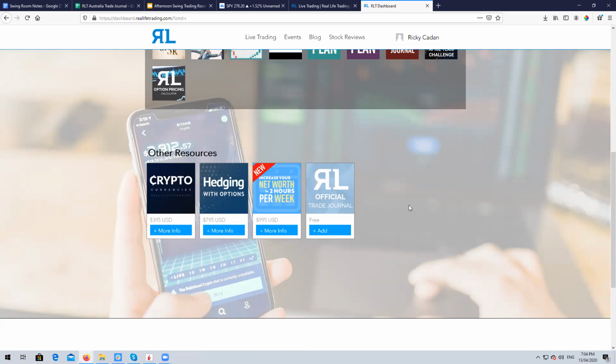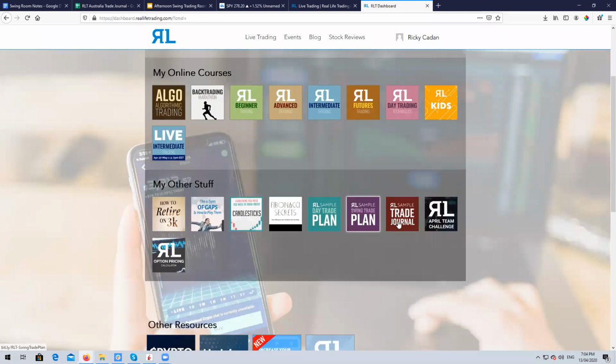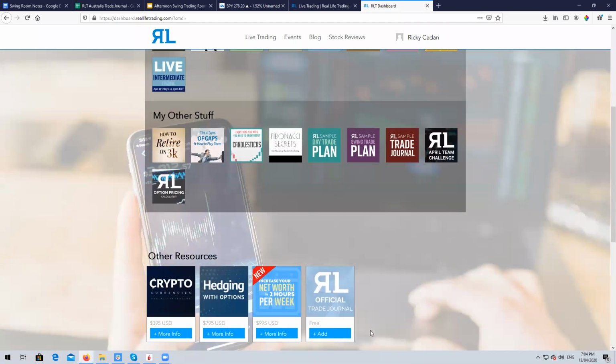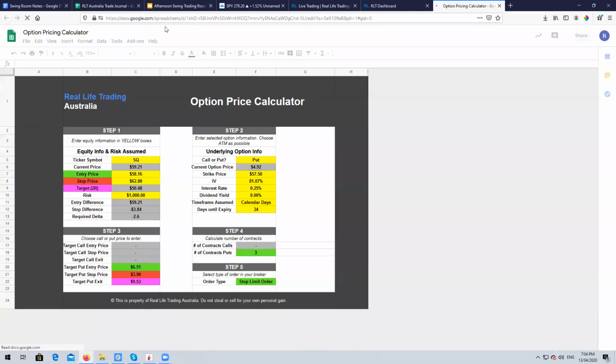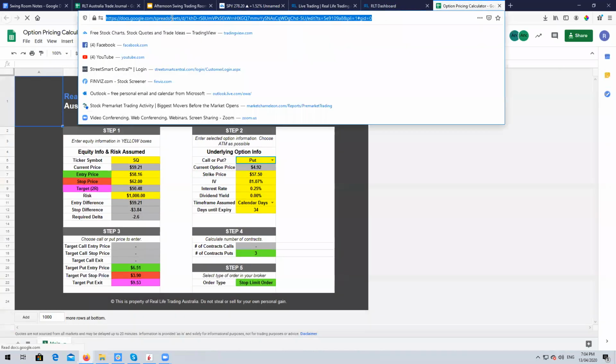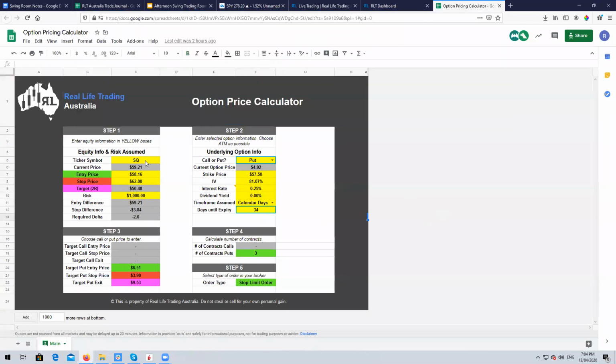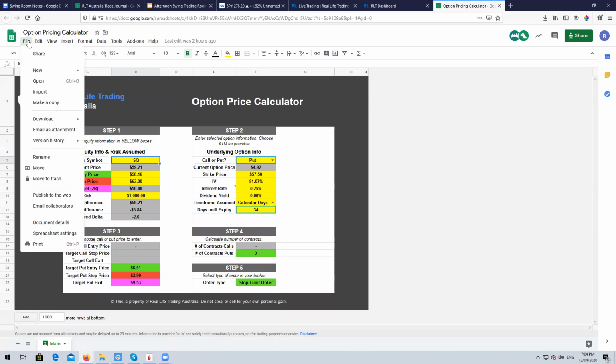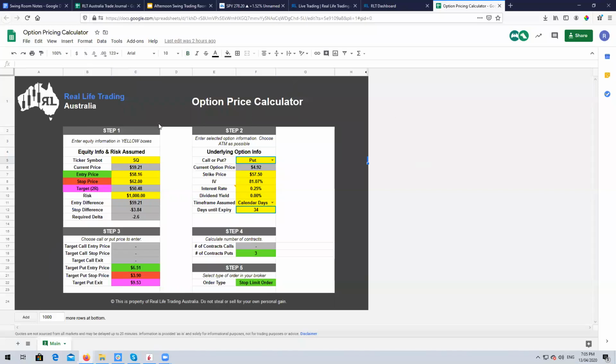I did leave the instructions on what to do, but once you click add, it'll bring you to this web page here, and obviously you won't be able to change any of these yellow boxes, any of these figures. So what you need to do is come to file and then click make a copy, and that'll create a copy and store it in your Google Drive, and then you'll be able to edit it and it'll be yours to keep.